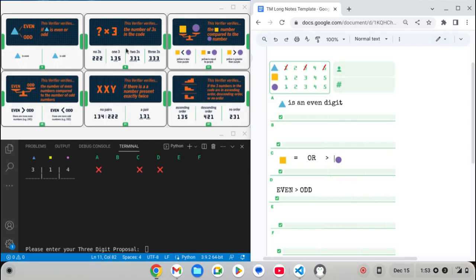We still have outstanding the comparison between our middle and last digits, square and circle. We did not test criteria card E, where we could determine whether there's a pair or not. And we also did not test criteria card F, where we would discover something about the ordering of the digits.